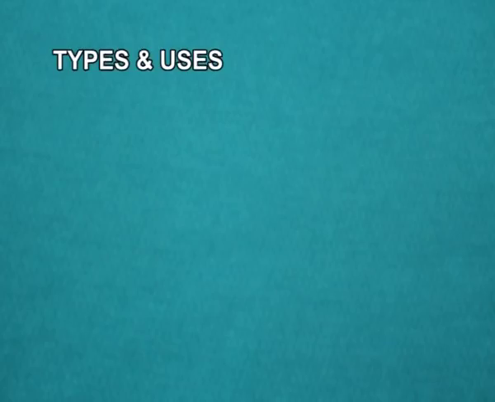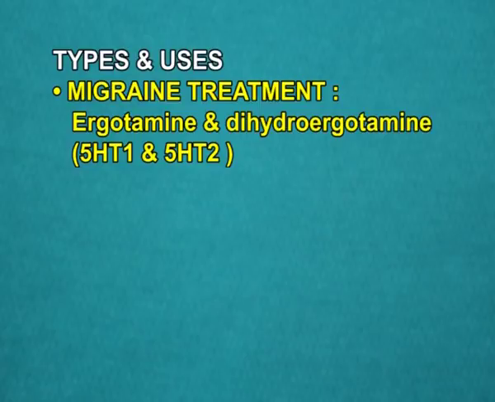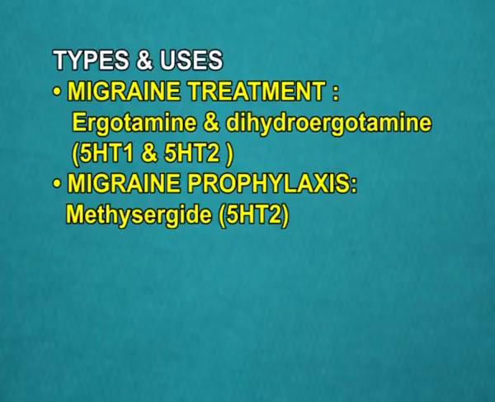Now we are discussing the types and uses. Migraine treatment: ergotamine and dihydroergotamine, basically responsible for acting on 5-HT1 and 5-HT2. Migraine prophylaxis: here we can use methysergide, which acts on 5-HT2.